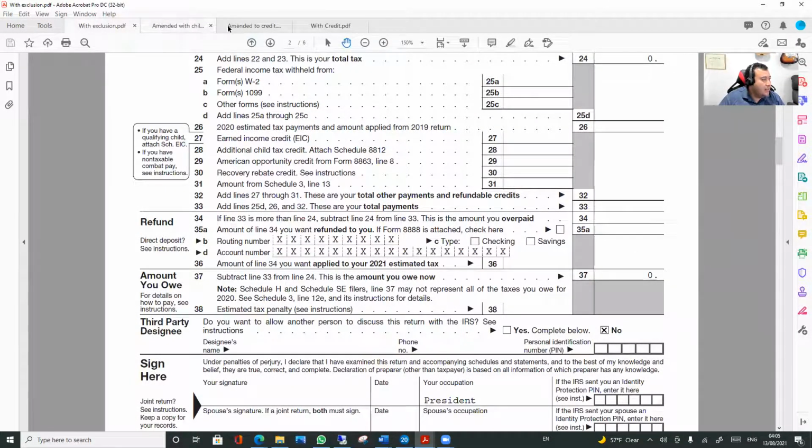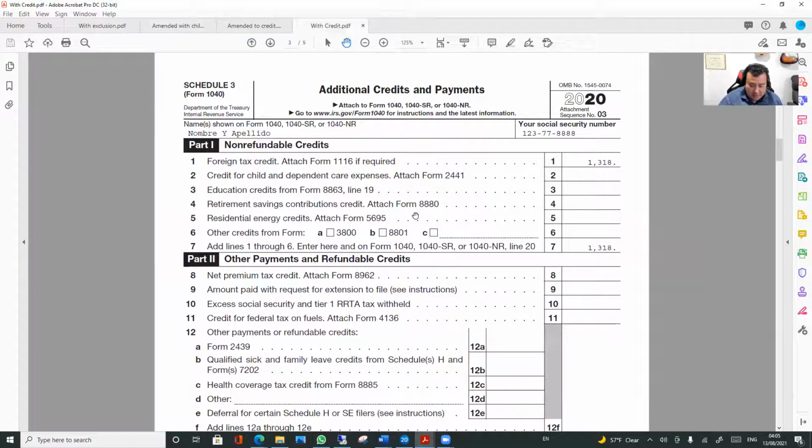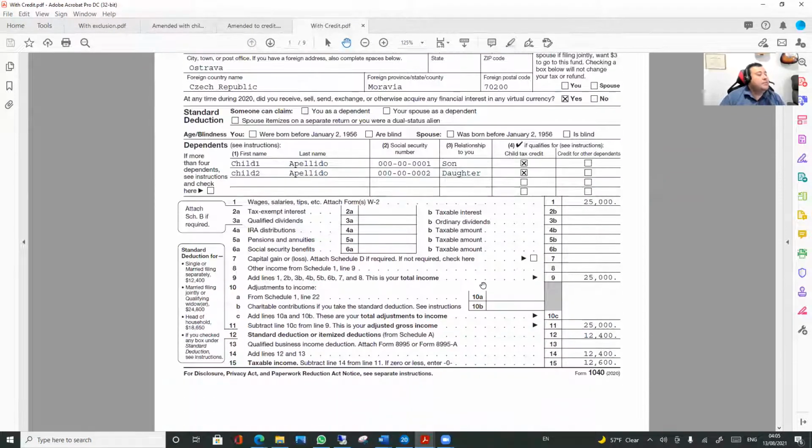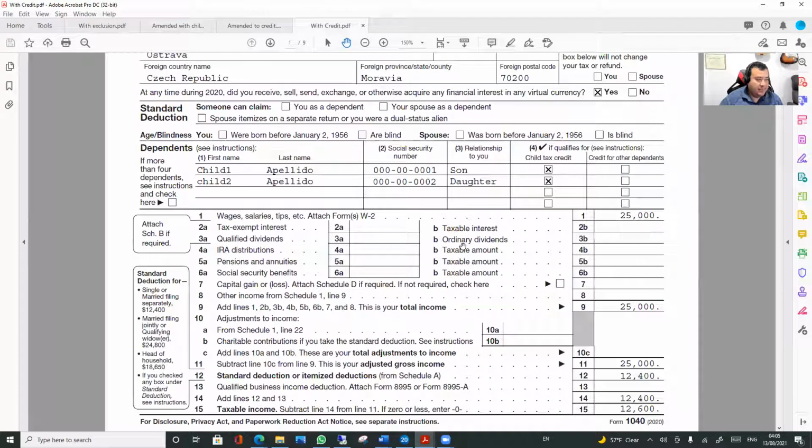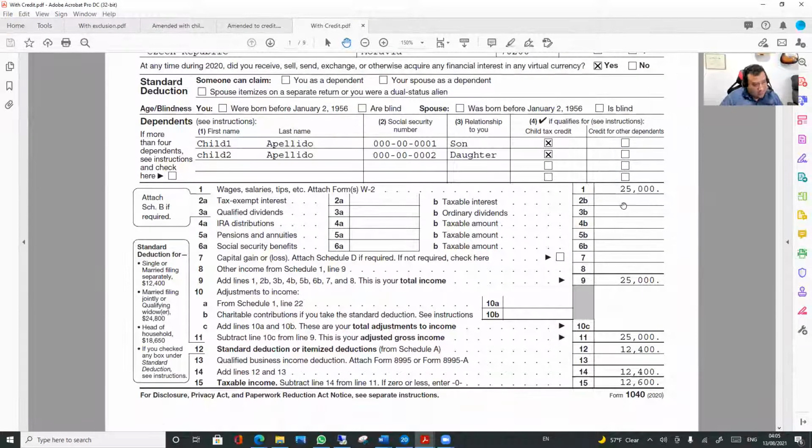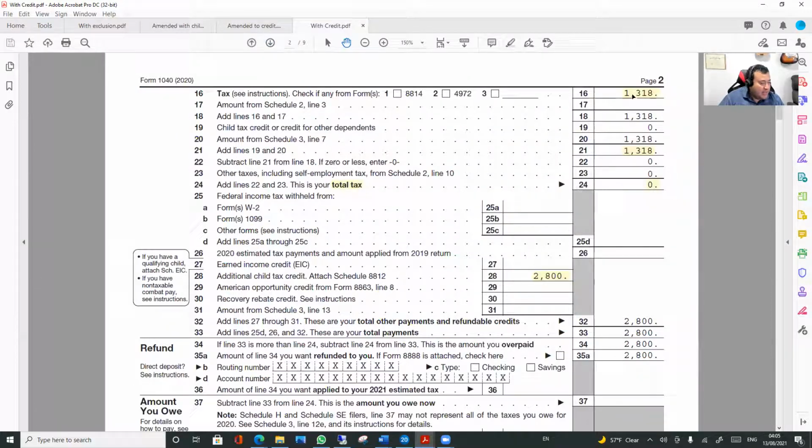The way I do it, or the way to do it if you want the credit, is you report the income, you don't exclude the income, and you have a tax due. But because many countries have a tax rate higher than the US, especially in Europe, most people in Europe will use the foreign tax credit.